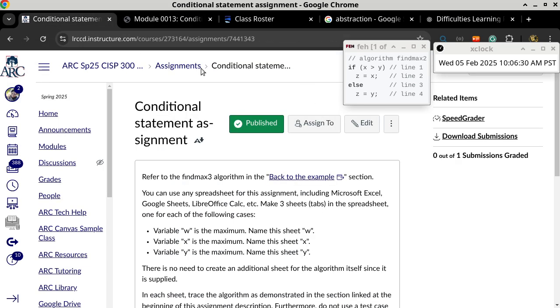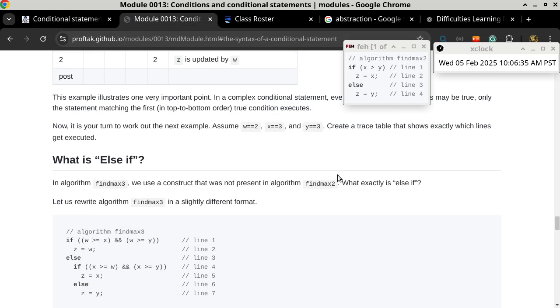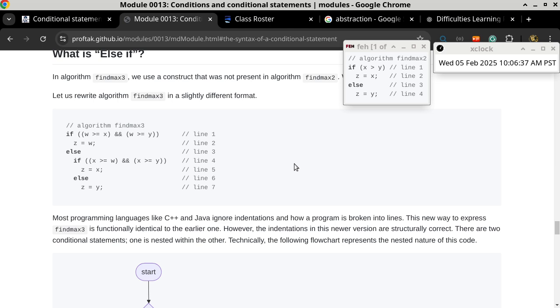Okay, and let me go back to the module here. There's one whole section that talks about what exactly else if is. Depending on the programming language, else if may be an actual language construct, but in C++, there's no syntactic construct called else if.